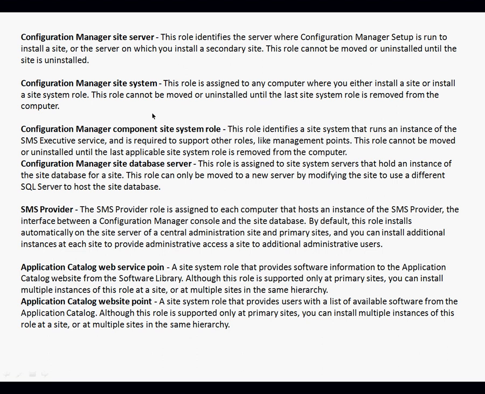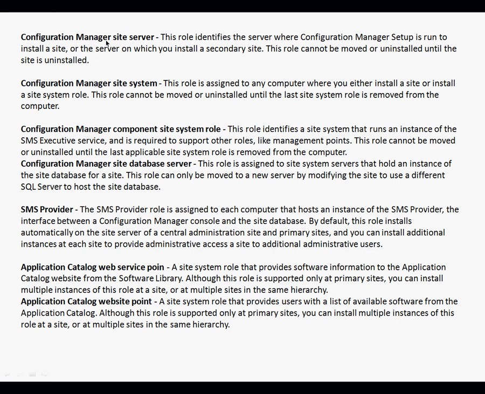Then you have site database, configuration manager site database server, where you keep your SQL database, the server where you install your SQL database. That becomes your configuration manager site database server. Configuration manager site server is where you have either primary or secondary or central administration site.